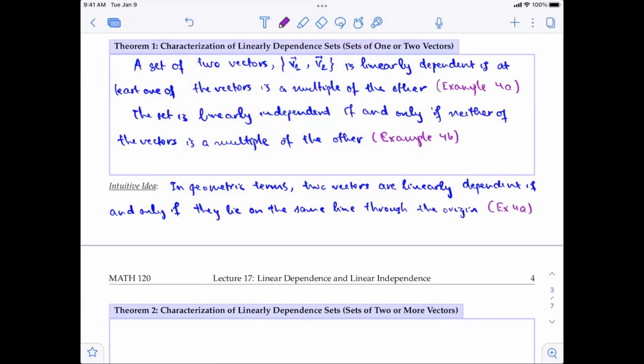So that's the relationship between a linearly independent or linearly dependent set. And you see this for the case of two vectors. Right. Now, for a set of two or more vectors, how could you actually prove this kind of relationship?